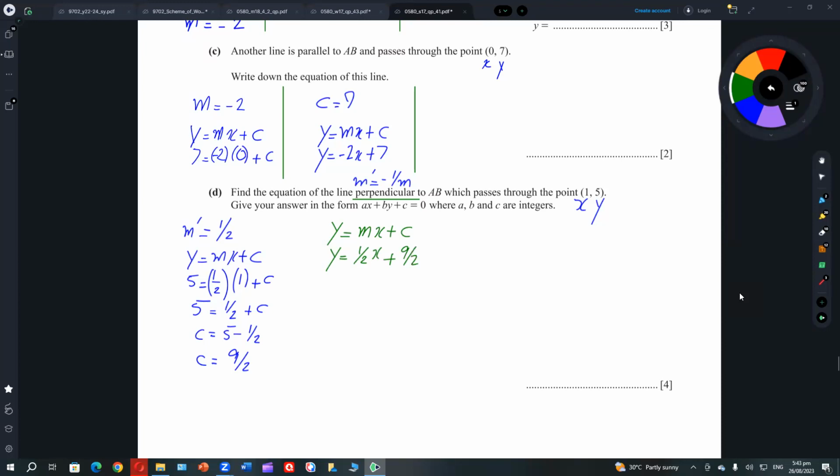He says give the answer in the form ax plus by plus c. I take LCM.